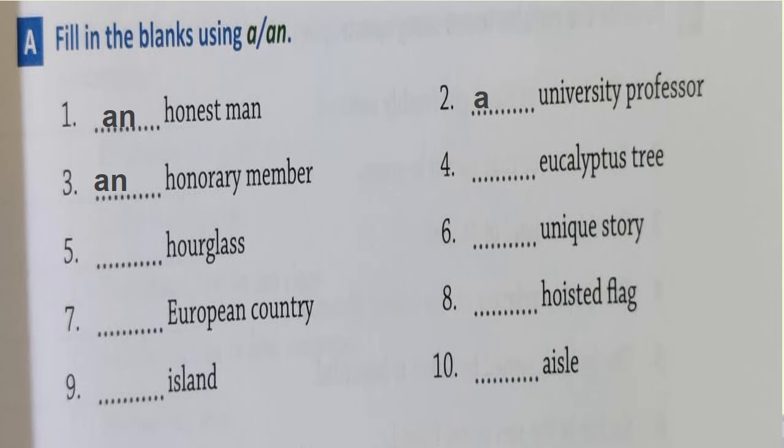Number 4, a eucalyptus tree. Now eucalyptus is a plant, children. We extract the oil from eucalyptus leaves and we use it to treat cold. So the sound of eucalyptus is U, which is a consonant. So a eucalyptus tree.